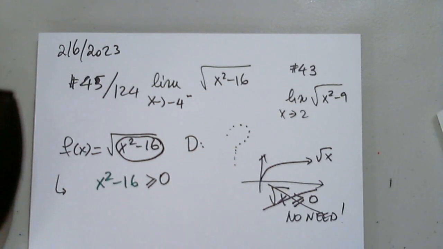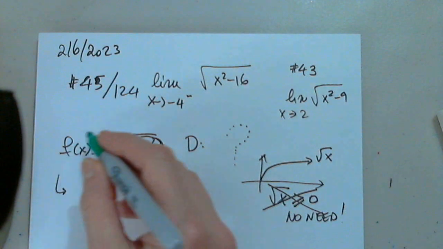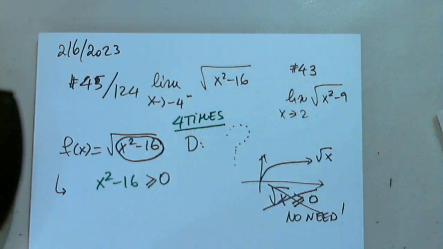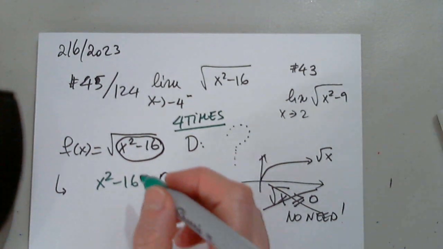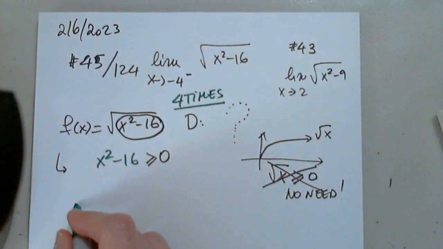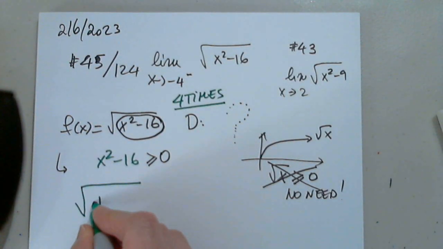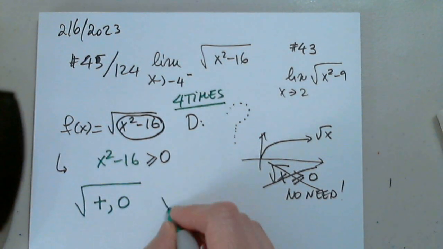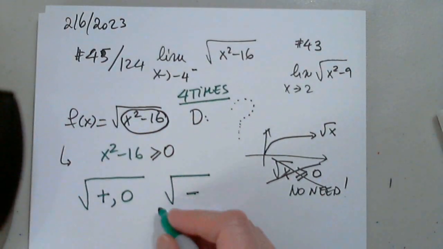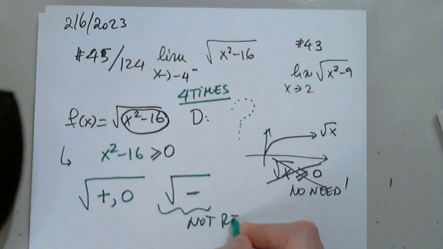Thank you. So please remember, we had a function like this at least 4 times already this semester. I'm going to count moving forward. For some reason, no one likes the square root. I don't know why, but no one likes the square root. So this is probably the 5th time that we're discussing this. Let's write it again. The square root can be taken from positive numbers and 0. The square root cannot be taken from negative numbers. This answer is not real.